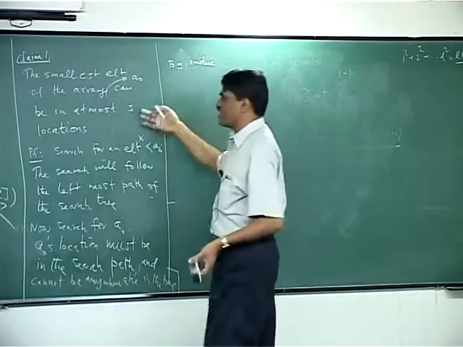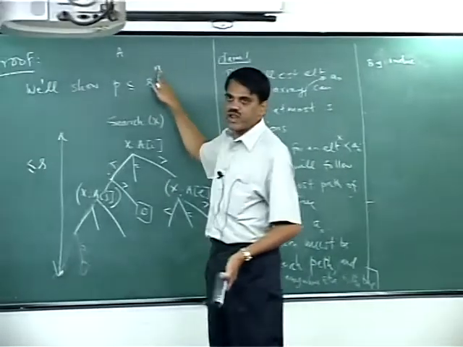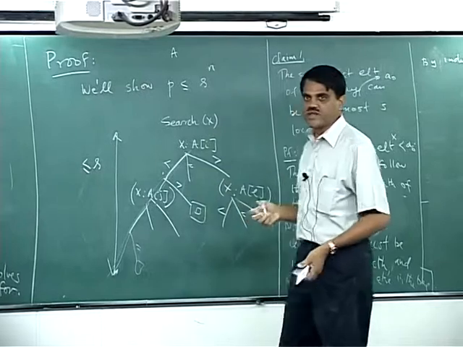when n equal to 1, I have proved it. What is my claim? I wanted to show that p is at most s power n. If there is only one element, then that is the smallest element, it has s locations.